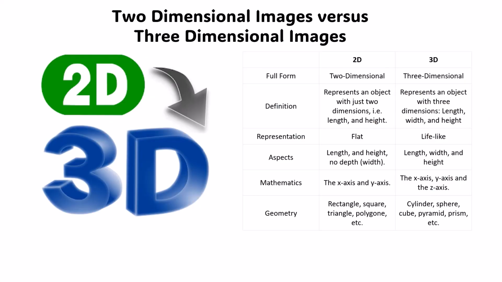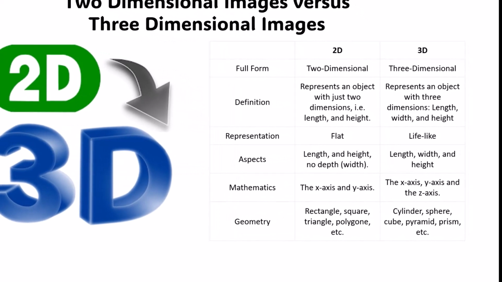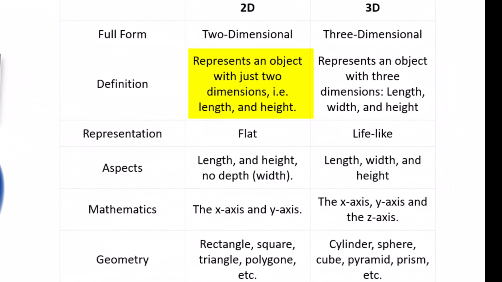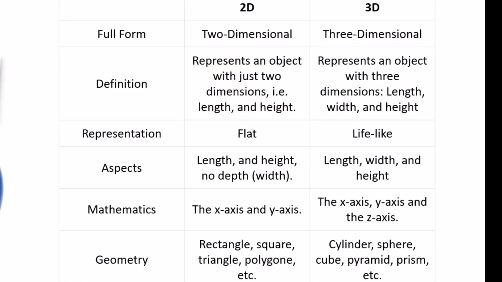Prior to looking at 3D reconstructions and 3D viewing of images, let's take a look at the differences between two-dimensional versus three-dimensional images. A two-dimensional image represents an object with just two dimensions, for example, length and height, while a three-dimensional image has three dimensions, length, width, and height.